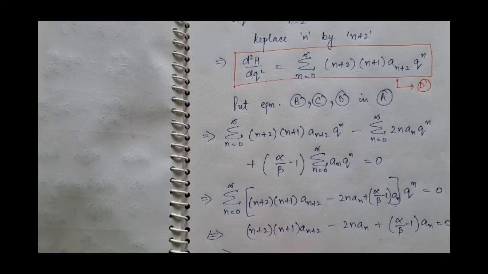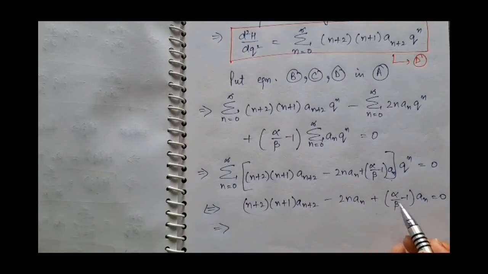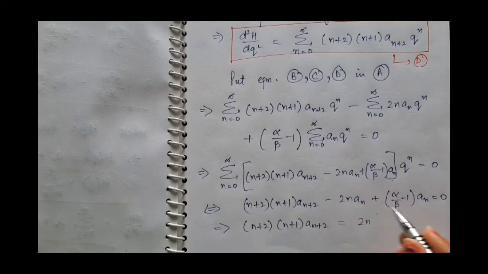And this implies, now we will find the value of a n plus 2. For this, move these two terms to the other side. Here it is negative, on the other side it will be positive.